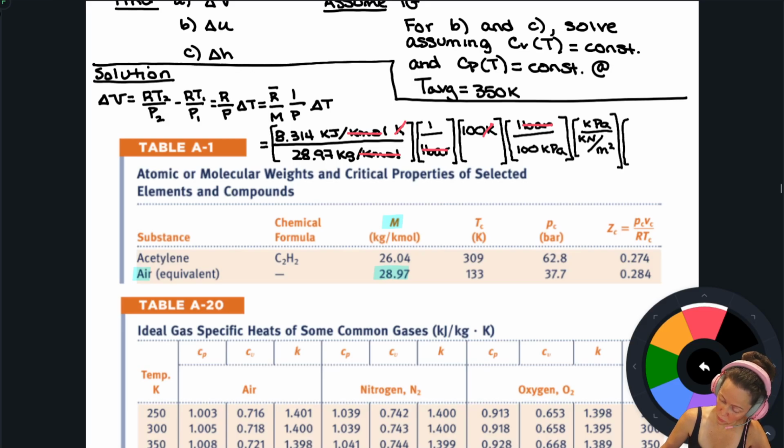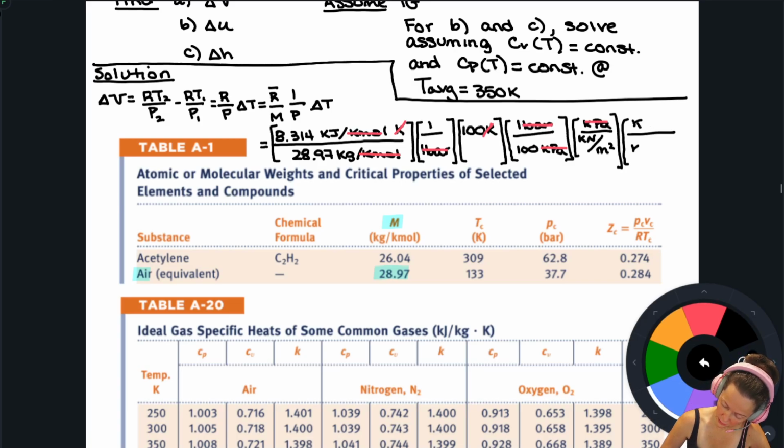Okay, I got one more to do. So there's a kilopascal, there's a kilopascal. And then let's see, kilonewton. I'm sorry, I'm getting ahead of myself. I got that kilojoule on the top over here.